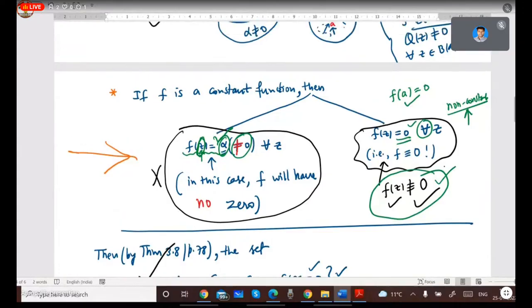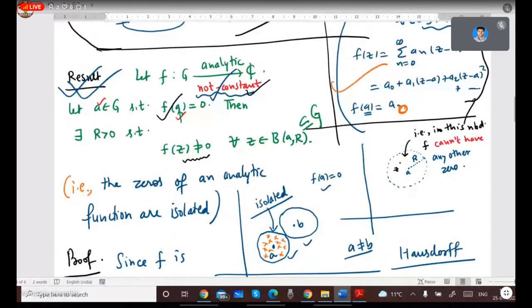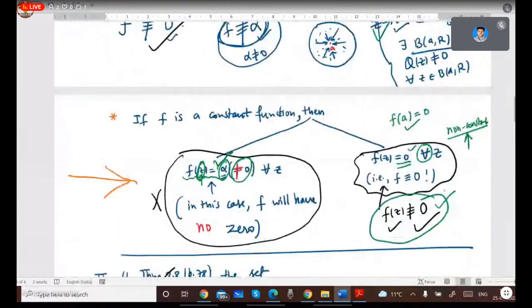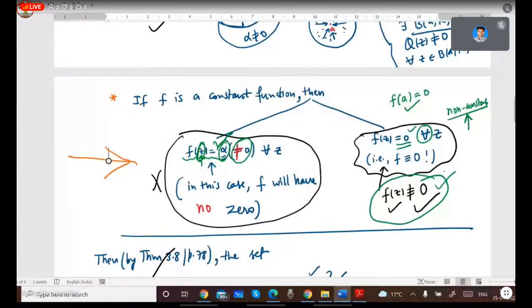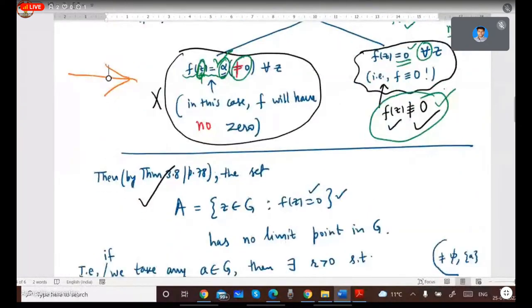That is a violation of this condition. Is this okay? So by this kind of exhaustive argument, exhaustive means that we have ruled out the possibilities one by one. So our function can't be identically equal to zero, right? Okay.